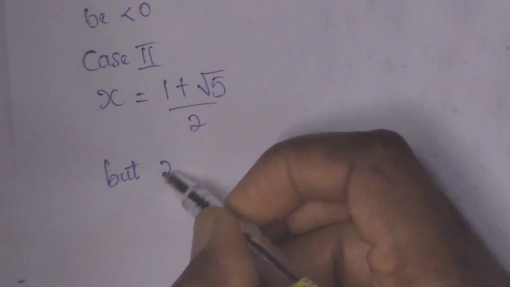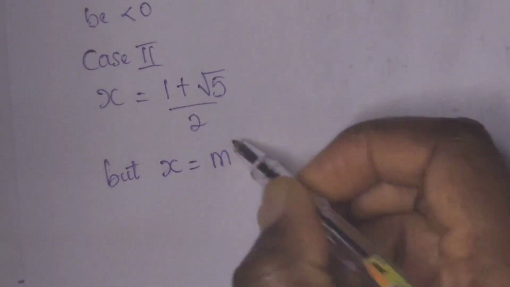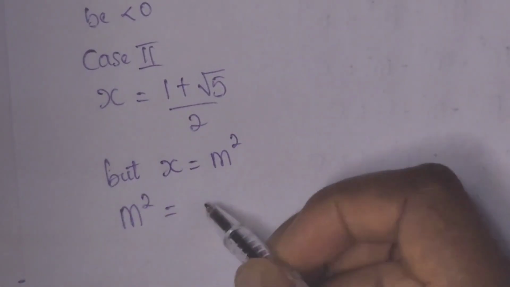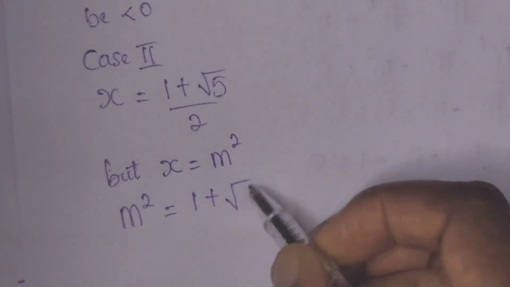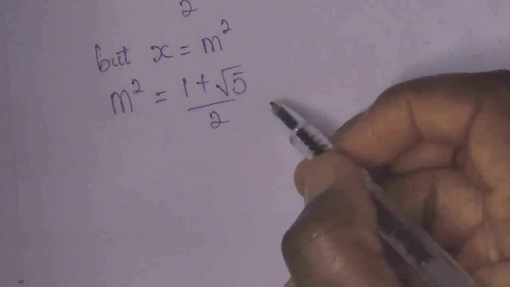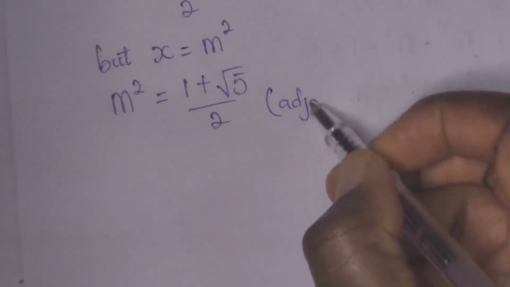But let's recall that our x is equal to m squared. It simply means that m squared is equal to 1 plus root 5 over 2. So this is our adjacent.